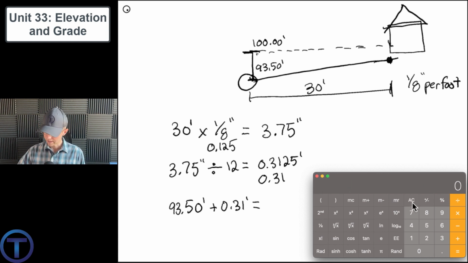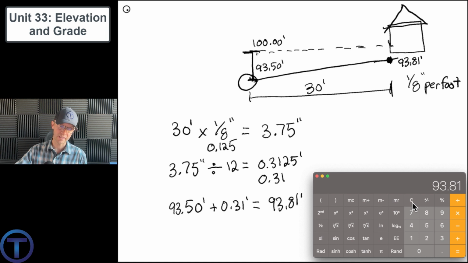If I take 93.5 plus 0.31, it gives me 93.81 feet. That's up here, right? 93.81 feet. That's my elevation. If I'm speaking with an engineer, I can give him a measurement that is in decimal feet or engineer measure, and they're going to understand what's going on here.